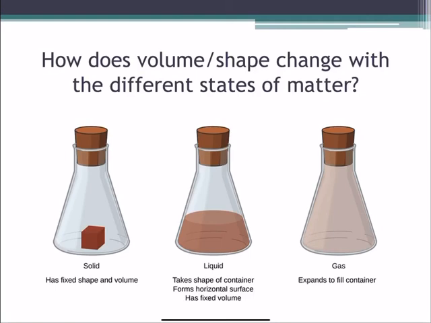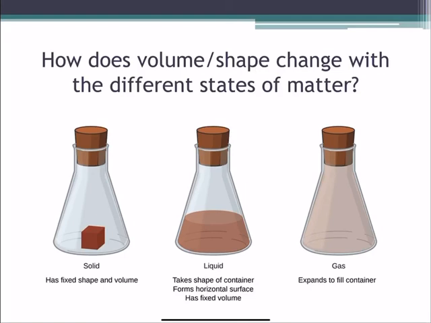It fills it in on all sides. Like this container, we could keep filling it all the way to the top and maybe even overflow it. But we can only contain liquid with a container, which means that it doesn't have a shape by itself. And it also has a specific volume, so the amount of matter in it is going to stay the same.